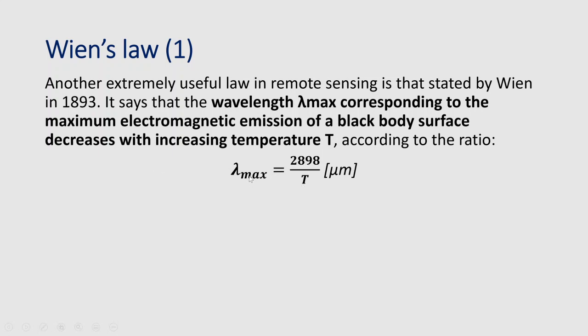So the wavelength of the maximum emission is the ratio between this constant here, that is 2898, divided by the temperature of the body in which you want to calculate the wavelength of the maximum emission.